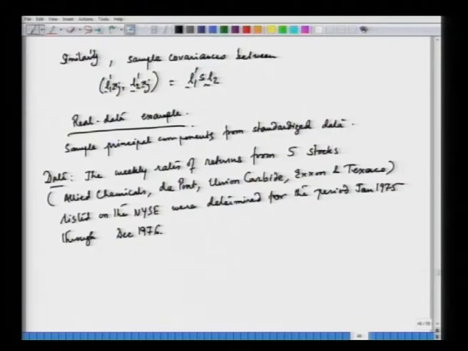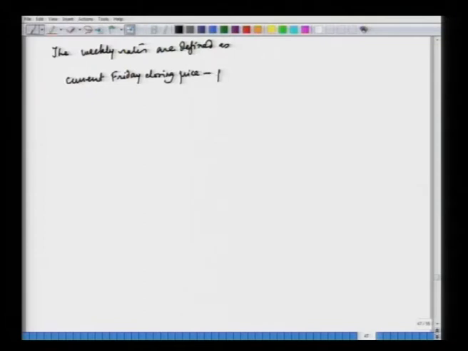So, we have daily data, and from here we have calculated the weekly rates. The weekly rates are defined as the current Friday closing price minus the previous Friday closing price.